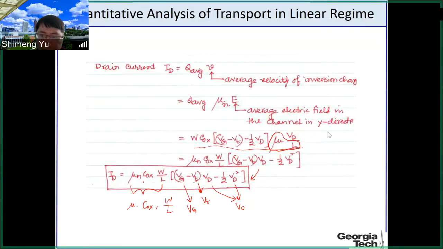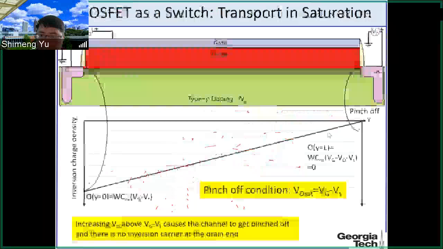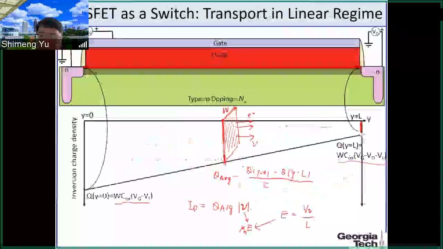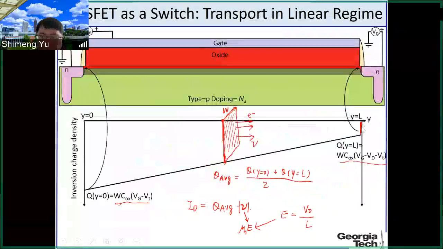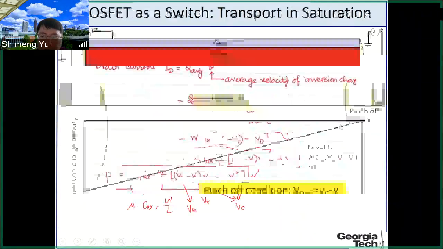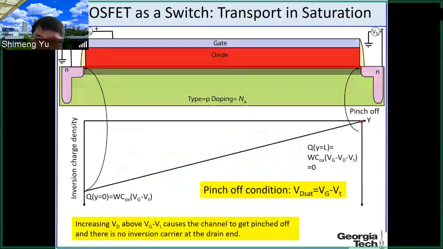The linear region is where the channel still has some finite charge density at the drain. But as you can imagine, if you further increase the drain voltage, the charge density towards the drain will further decrease, and eventually it will decrease to 0.